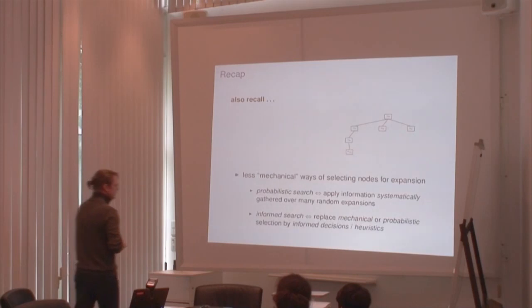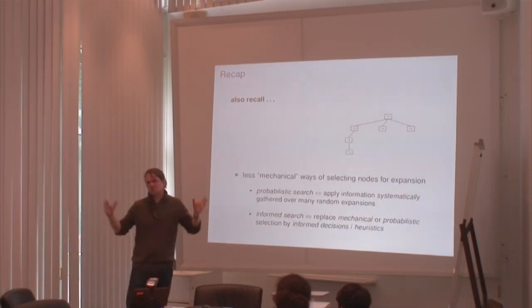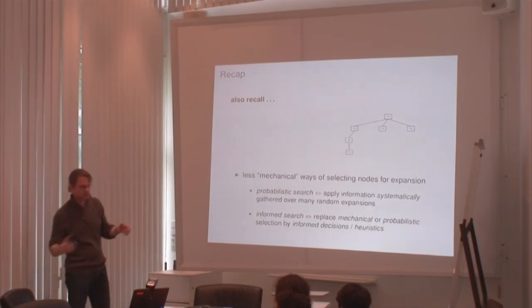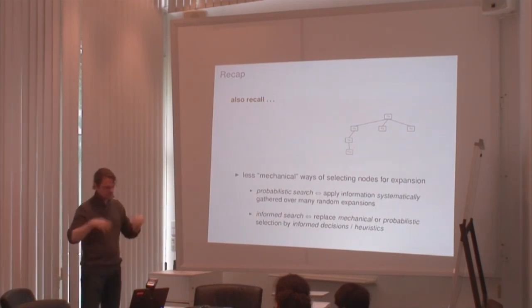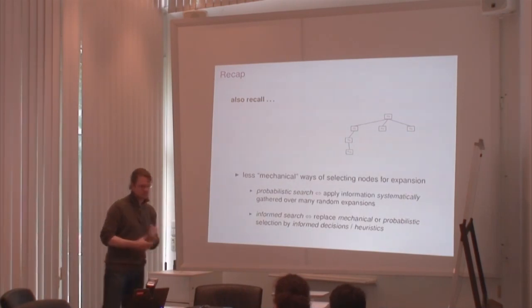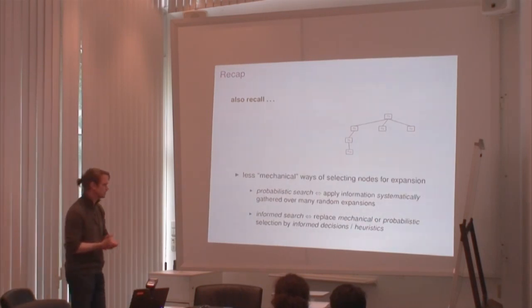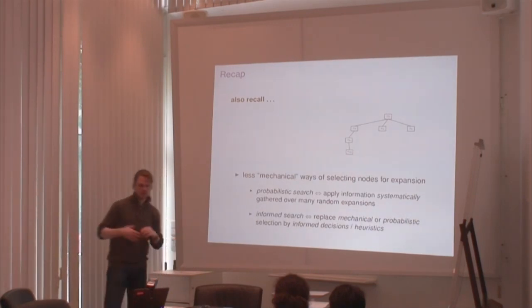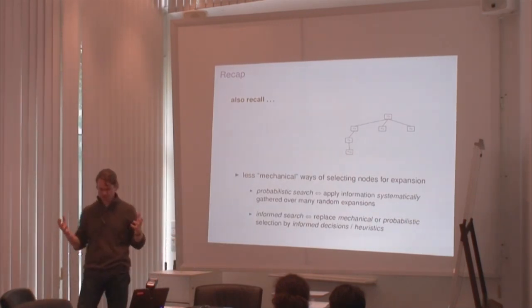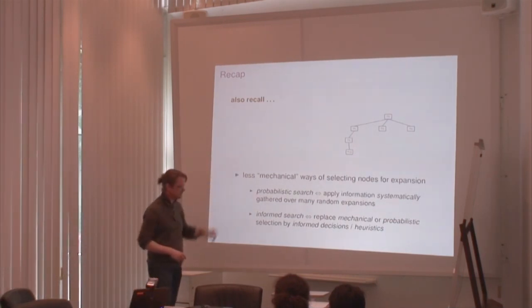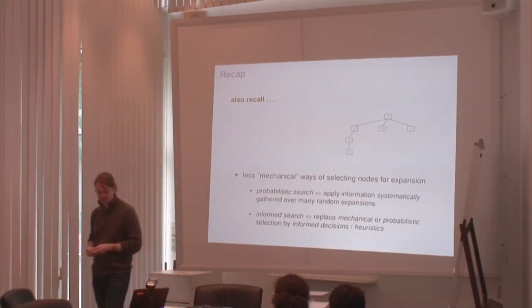Then also recall that I already pointed out that it might not necessarily be a good idea to select nodes or states for further expansion and thus exploration in a purely mechanical way. We could, for instance, just select them randomly. That is, we could try to come up with ideas as to how to realize probabilistic searches. This is the other main branch in this area.